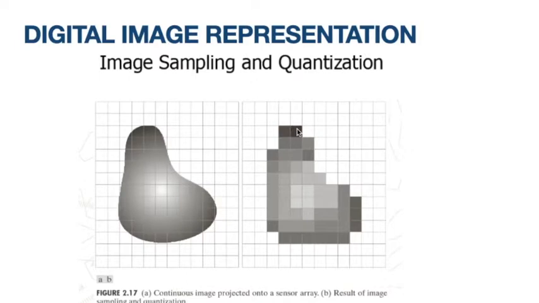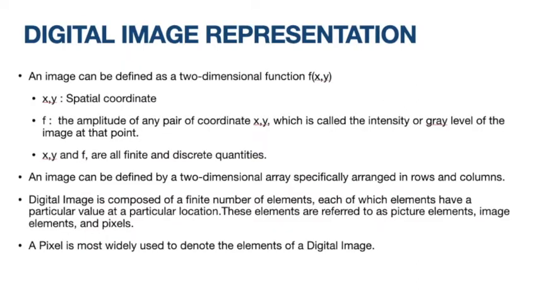Each element of this image is called an image element or pixel. Commonly the widely used term is pixel. So every image will consist of a finite number of elements, and each of these will be called a pixel.